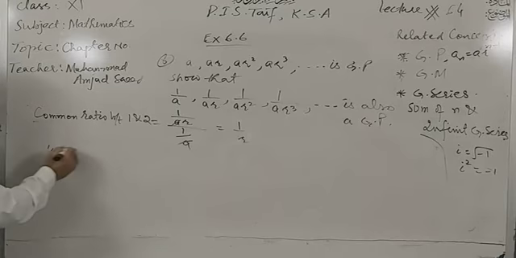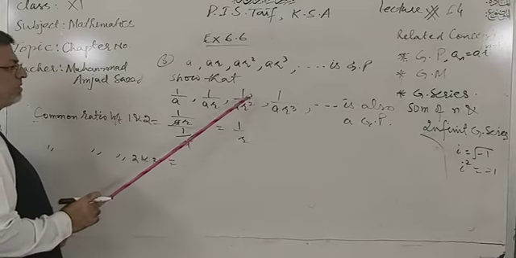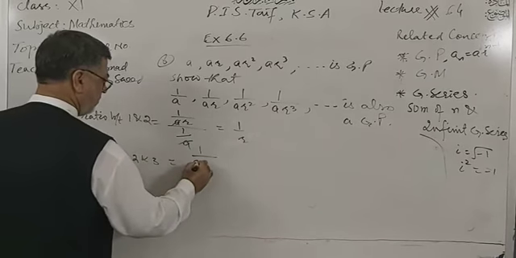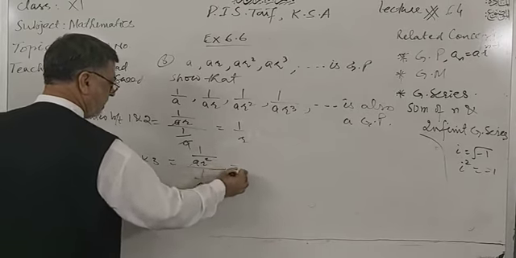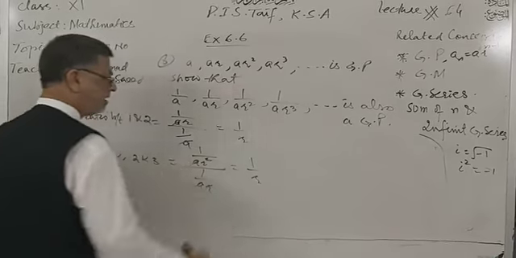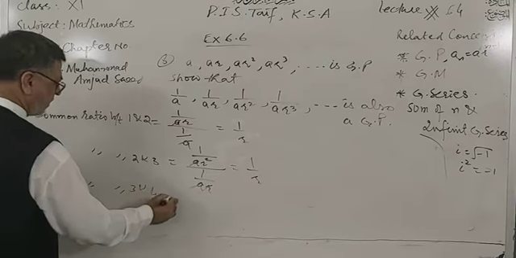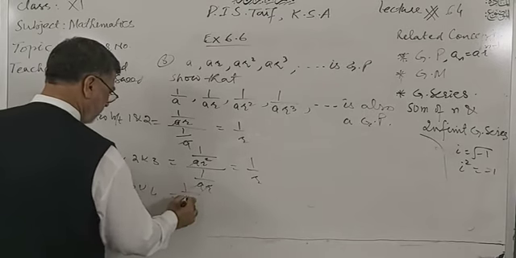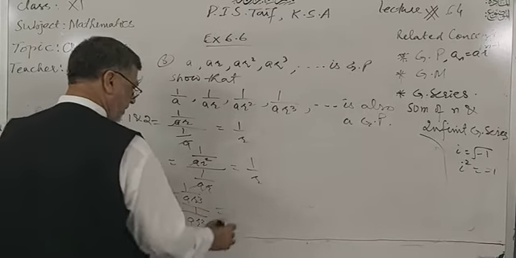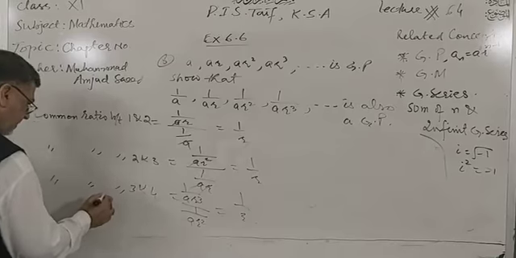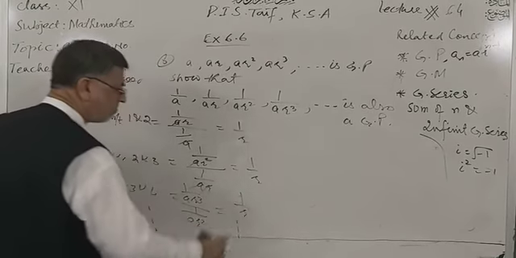Then common ratio between 2 and 3. So what are 2 and 3? Third term over second term: 1 over AR square over 1 over AR. A cancelled, R is cancelled with 1 power, it is 1 over R. Similarly, common ratio between 3 and 4. That will be fourth term over third term: 1 over AR cube over 1 over AR square. You can have this is 1 over R. Similarly, you can continue this one and you will get 1 over R every time.